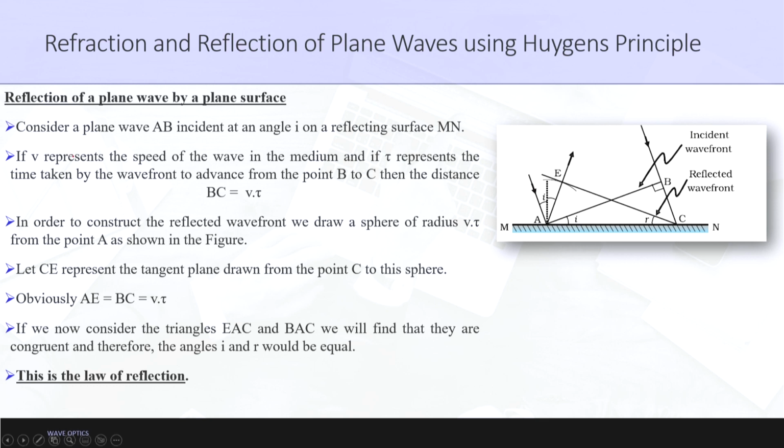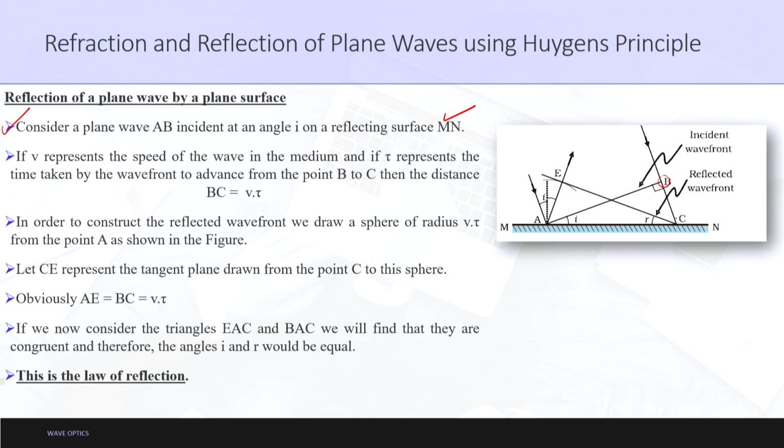So, now consider a plane wave AB incident at an angle i on a reflecting surface MN. So, MN was being talked about to you, and this AB plane wave is having incidence at an angle i. So, i is also given to you here. Now, if v represents the speed of the wave in the medium, and if tau represents the time taken by the wavefront to advance from point B to C. So, what is B here?